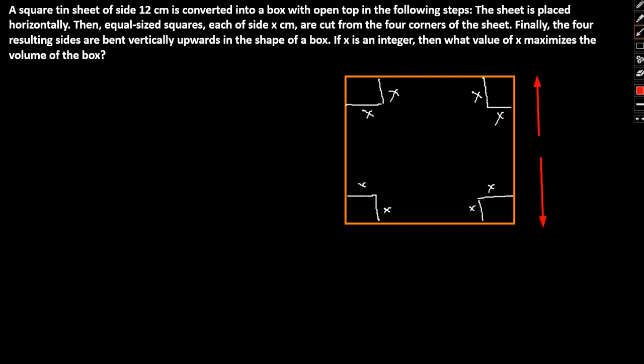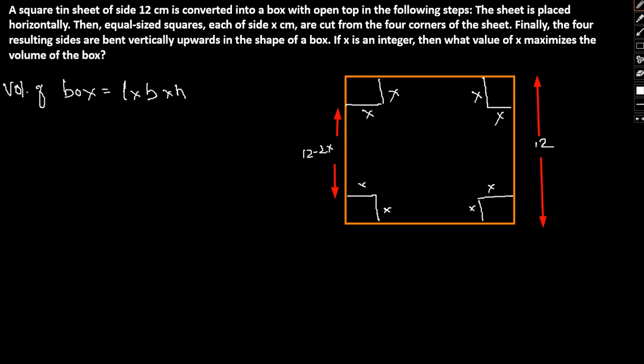This entire length is 12 and this particular length from here to here is 12 minus twice x. So this is folded to form a box with open top. Now the volume of the box will simply be length into breadth into height.